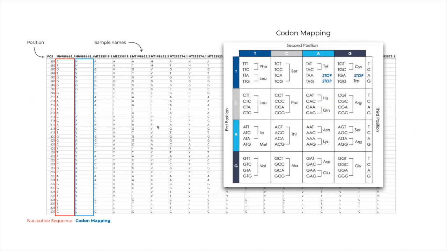Why do we do that? Because from the genome to the transcriptome to the actual proteins, the sequence changes from nucleotides to amino acids, which then fold and form functional proteins. And so using codon mapping, we can now analyze not only single nucleotide variations, but also mutations that are responsible for some kind of functional change at the protein level.